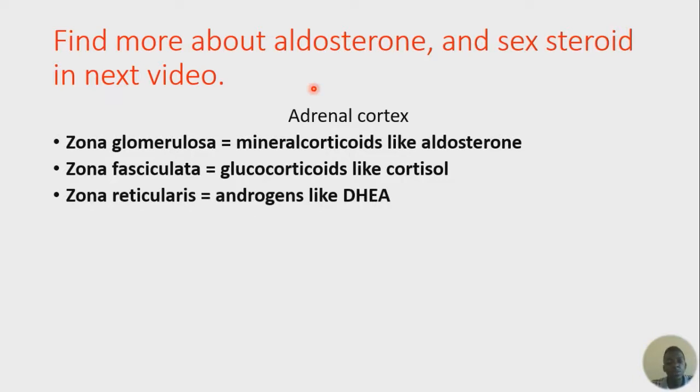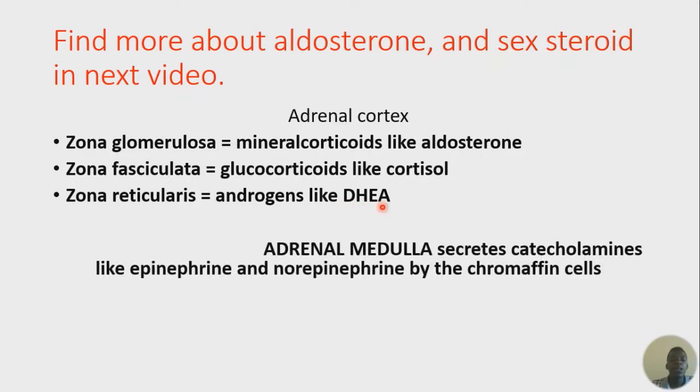Then we have the zona reticularis, which produces androgens like dehydroepiandrosterone, DHEA. Then we have the adrenal medulla, which secretes catecholamines like epinephrine and norepinephrine by the chromaffin cells. The adrenal medulla gives us the catecholamines, and you can note pheochromocytoma when there is a tumor of the medulla.